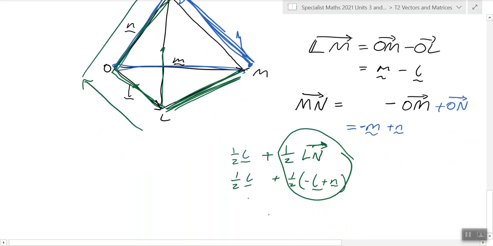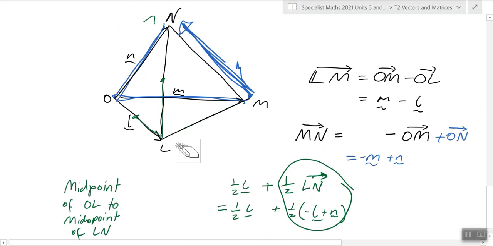So it ends up being just half N. So I'm going from this spot to there. Yeah? So I go half L that way. And then if I want to get up there, I can go a whole L plus half an N. This will make more sense, hopefully.